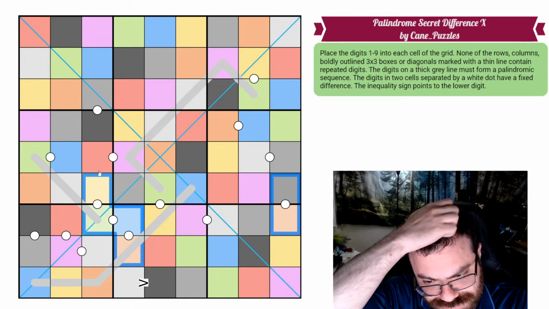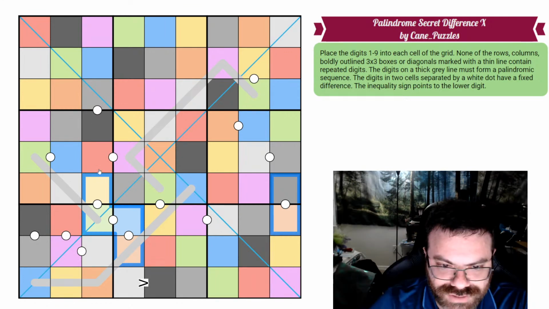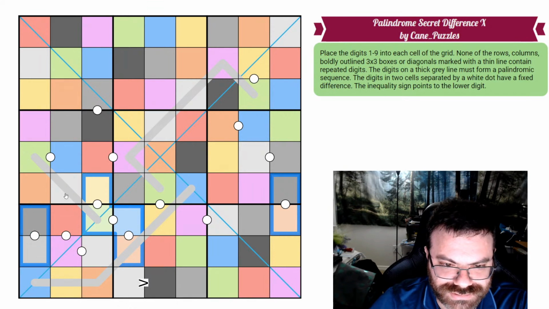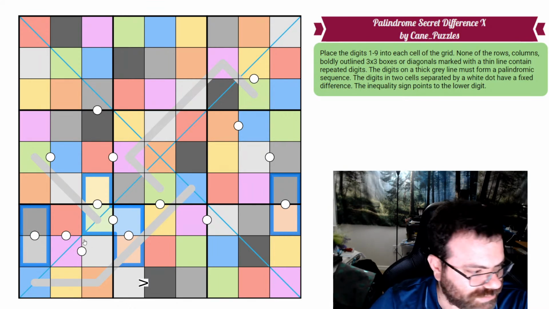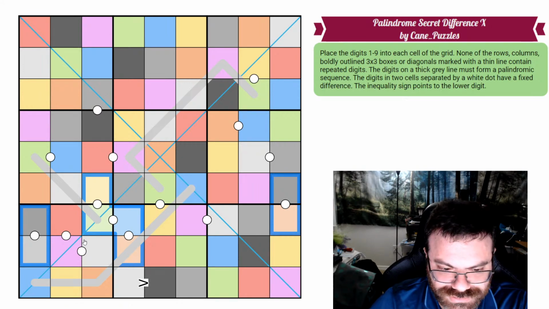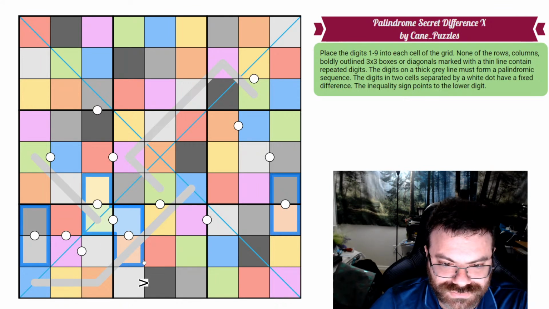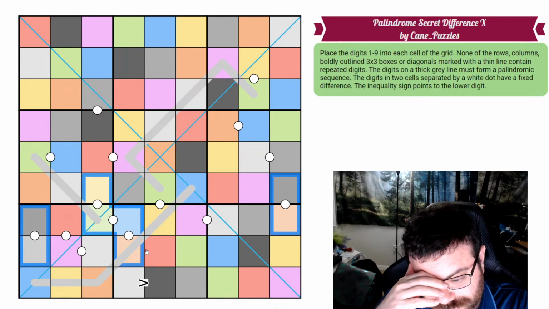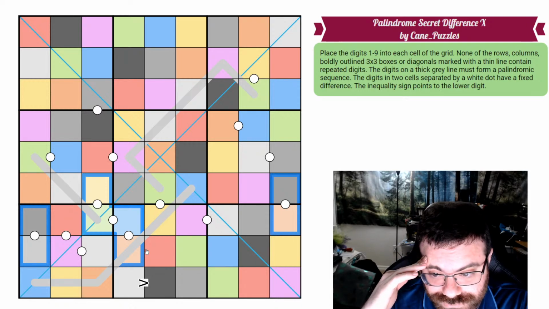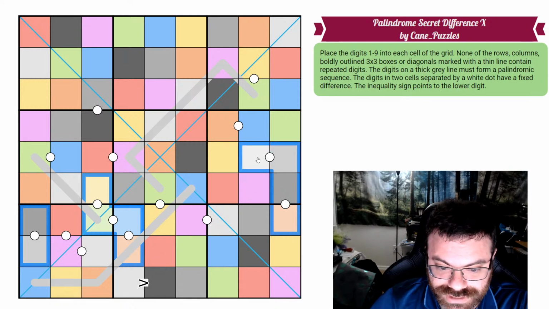No. Oh, black goes to dark gray. Does dark gray connect to anything? Dark gray goes to light gray.